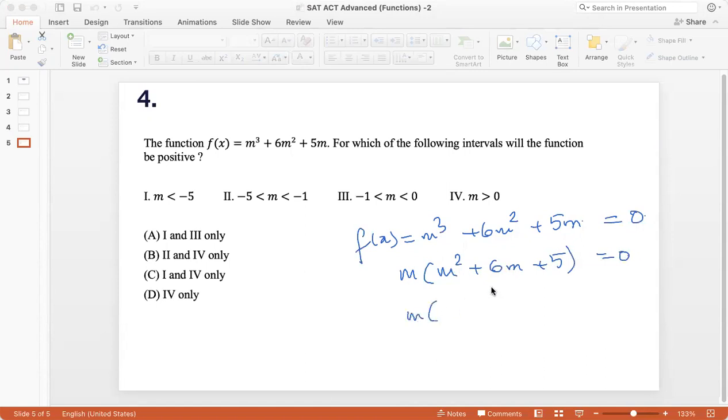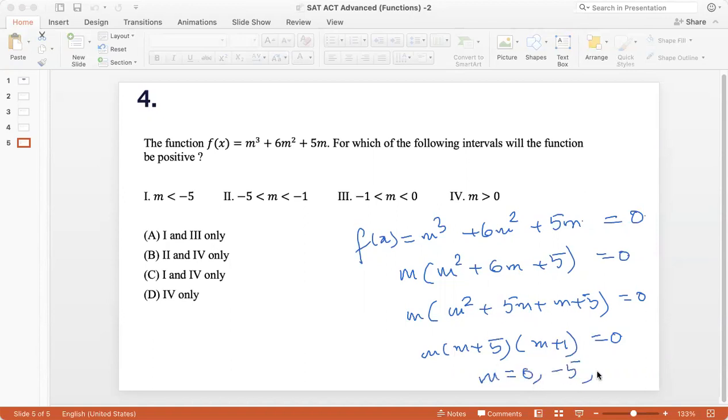And this can be written as 5 and 1, so m² + 5m + m + 5. So this becomes m times (m+5)(m+1) is 0. So the roots are 0, -5, and -1.